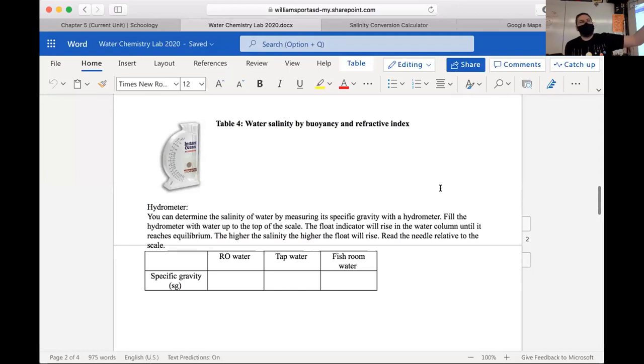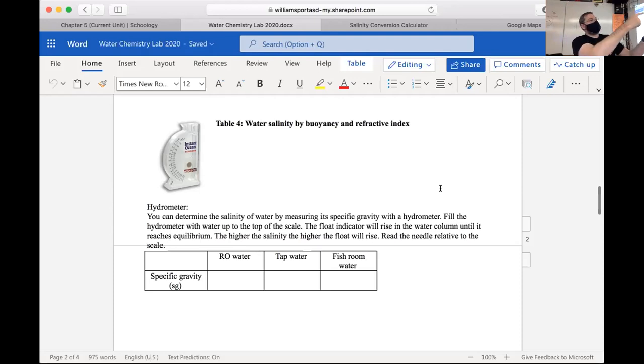So all you do is dip this over the edge of the boat or fill the thing up. You put water in the hydrometer, and the deal is this thing that swings in there, that needle, that pointer has a little weight in it. If the water is perfectly pure fresh water, that thing will hang down in the water, almost straight down. As you have saltier and saltier water, this thing is more and more buoyant and it'll float higher up.